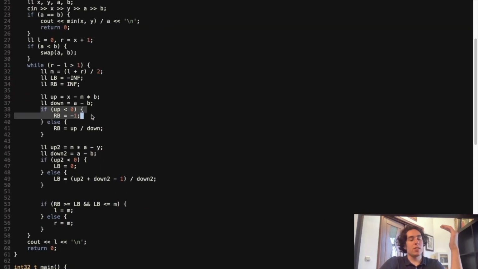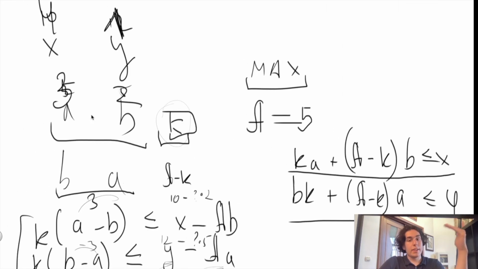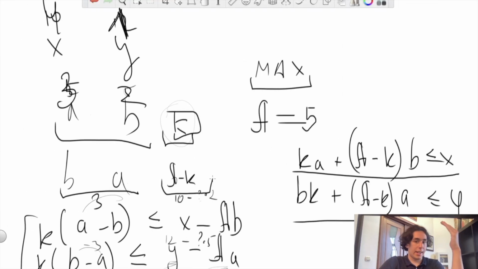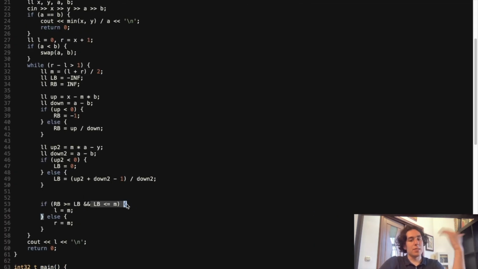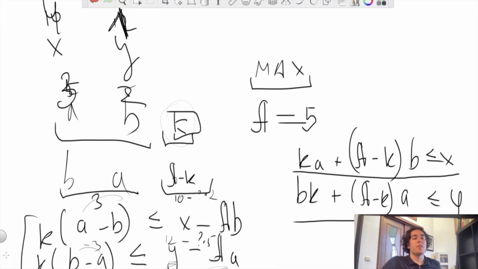So here we check if it's negative, but we didn't check if this number is negative. So we need LB to be not bigger than M. Or we could even not care about RB. We know that if the answer exists, there is this segment from LB to RB, and LB is the answer, of course. So we could just find LB and then check that LB is okay with these inequalities and LB is not bigger than A.